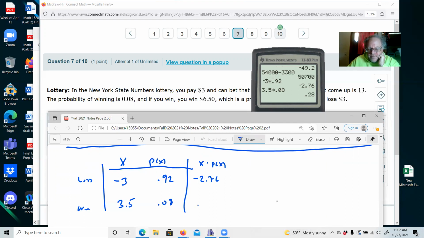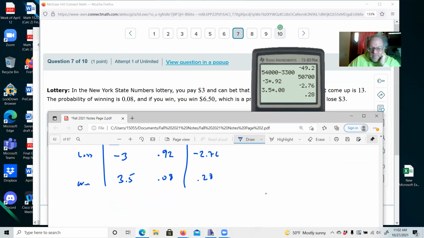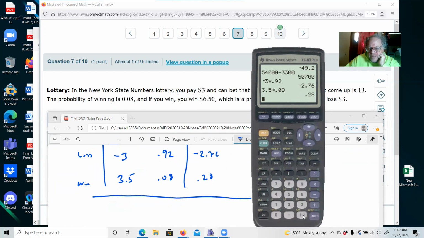Okay, 28 cents. When I add these together, okay, so we have -2.76 plus 0.28, and we end up with -2.48.